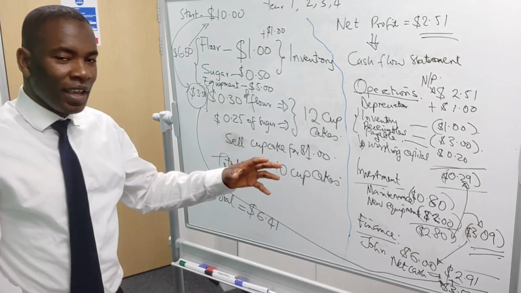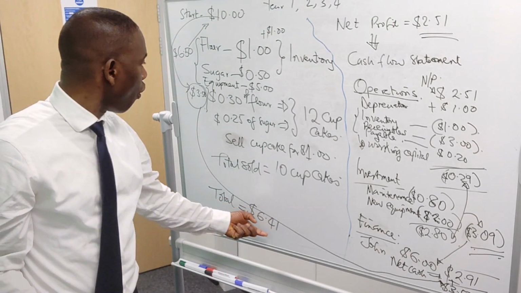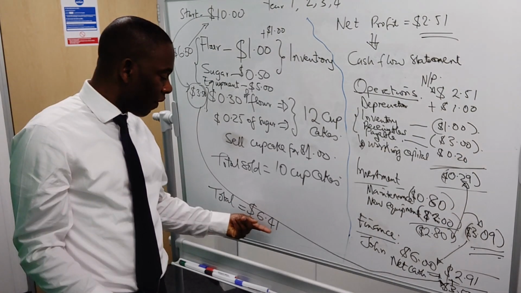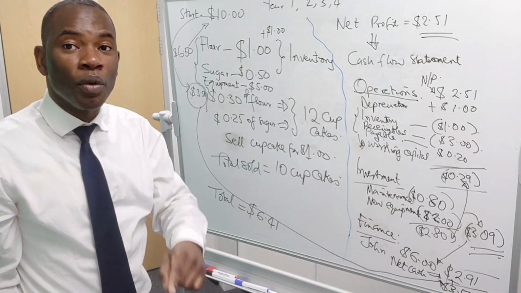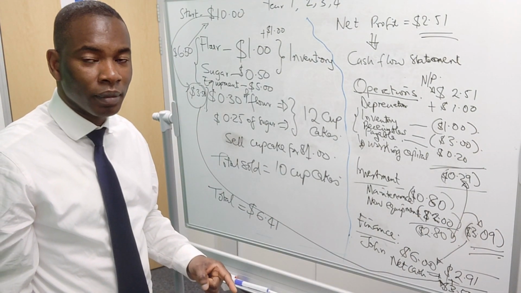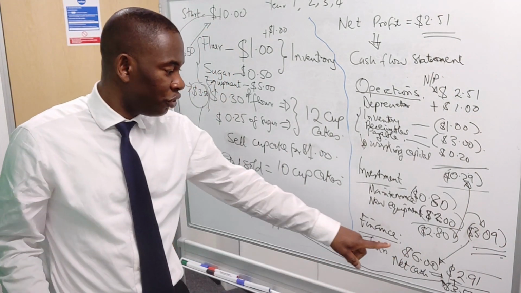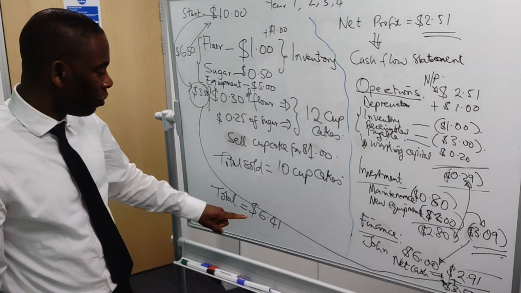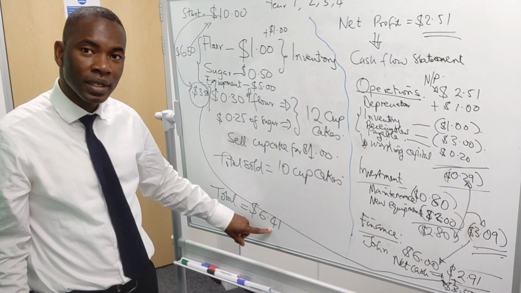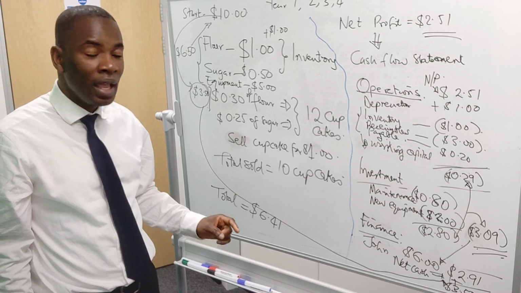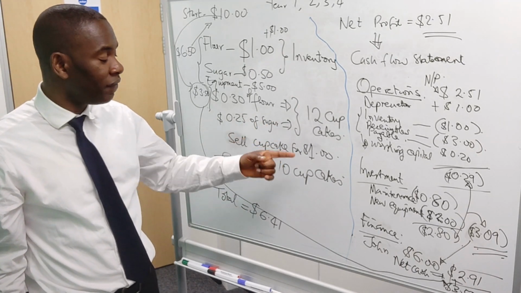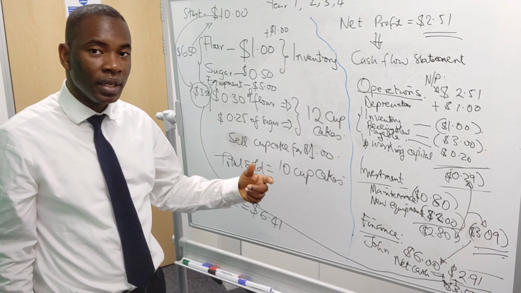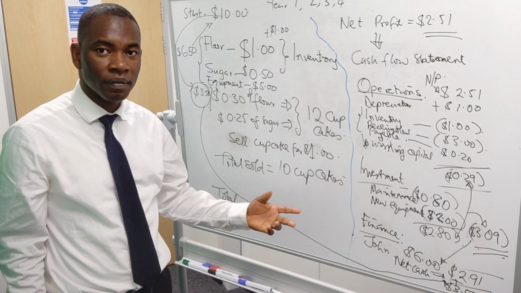So in a way, you actually see that, oh, the balance sheet has cash of $6.41. The question is, where is this cash coming from? If you take away John's $6, you'll be left with just 41 cents at the end of the day. And I'm sure this business, if they don't find a way to get more money, they will not succeed.